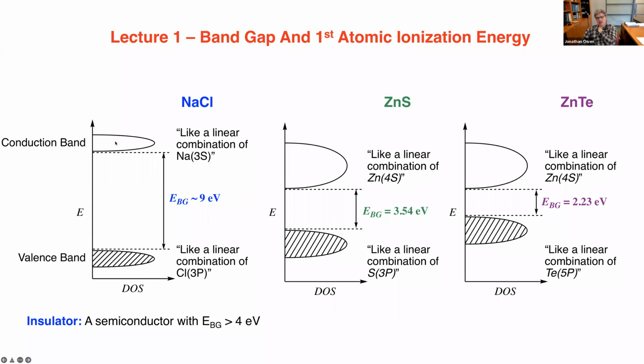And so people tend to talk about the conduction band as being primarily determined by the sodium level, as opposed to the chlorines. It's not that simple, but that's a good rule of thumb. And the band gap energy is related to the starting difference between the sodium and chlorine levels. We'll go into more detail about what really defines it.